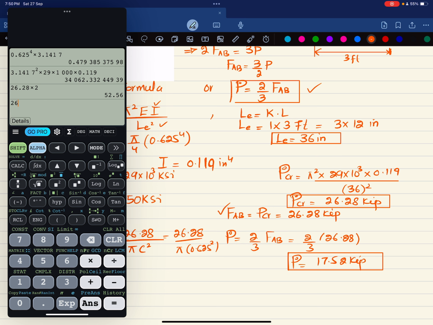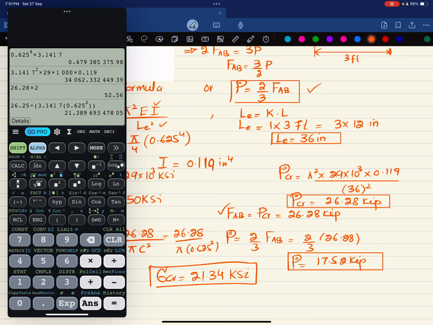So 26.28 divided by 3.1417 multiplied by 0.625 squared, and you get critical stress as 21.34 ksi.